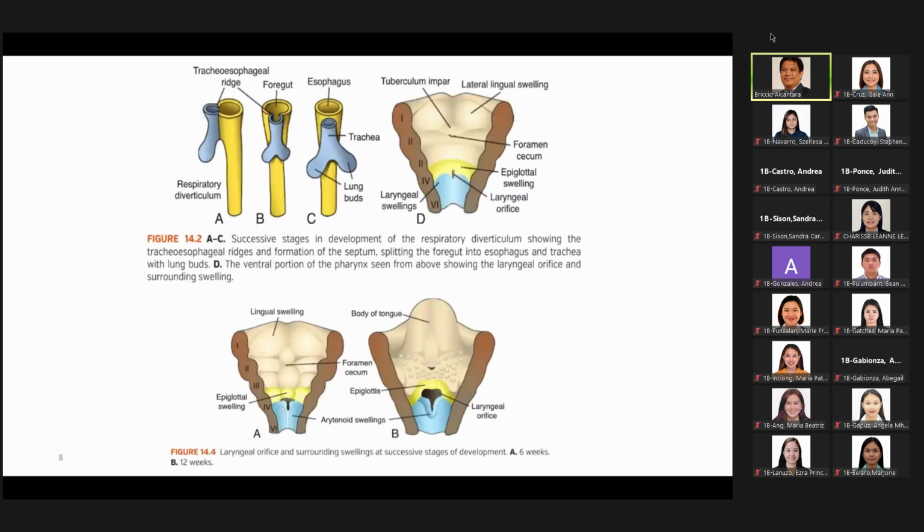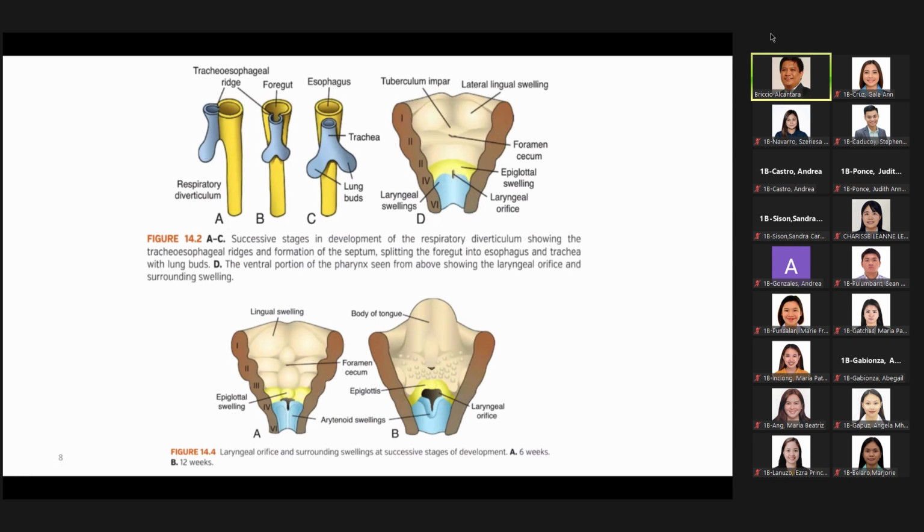Okay. So the illustration here that you see, you have your tracheoesophageal ridge. It will be divided into a distal esophagus and your anterior tracheal area. Okay. And here you have your laryngeal orifice in a 5th-week embryo.